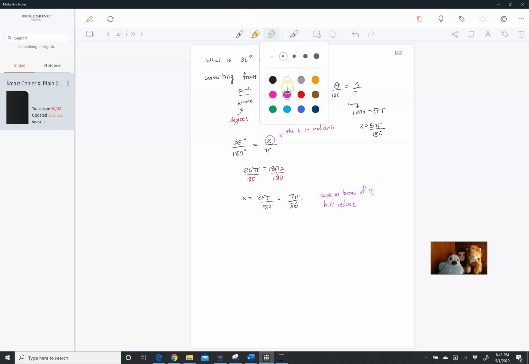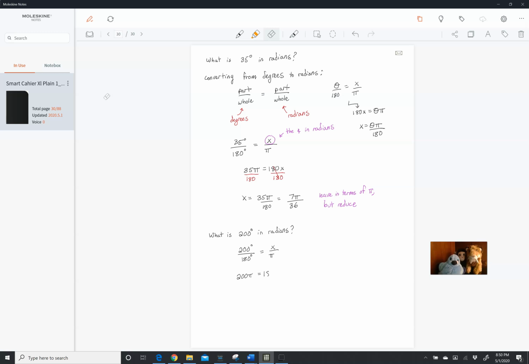Let's take another one. So we do the same thing. Part to whole, it's okay that our part is bigger than our whole, is equal to x over pi. So 200 pi is equal to 180x, or x equals 200 pi over 180.